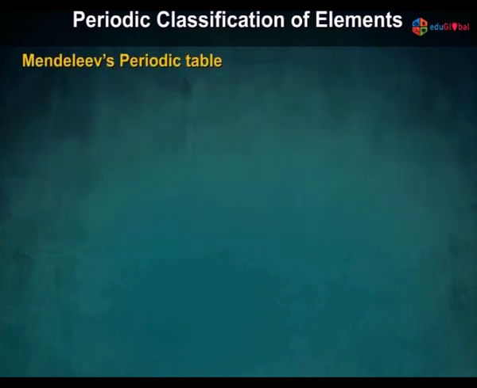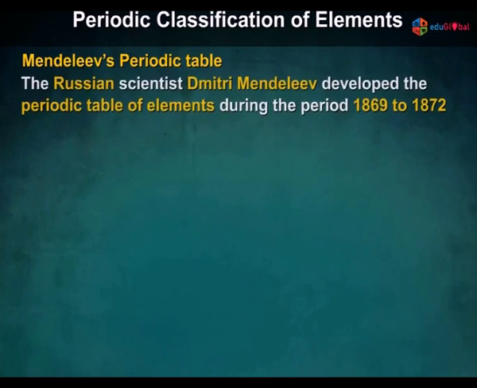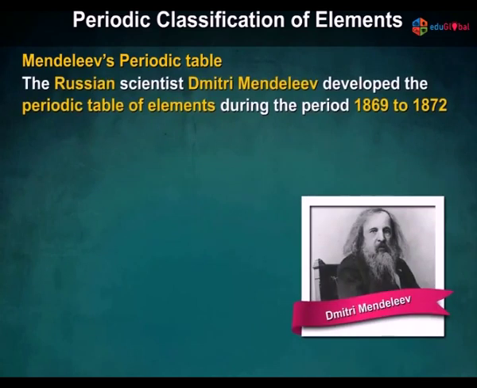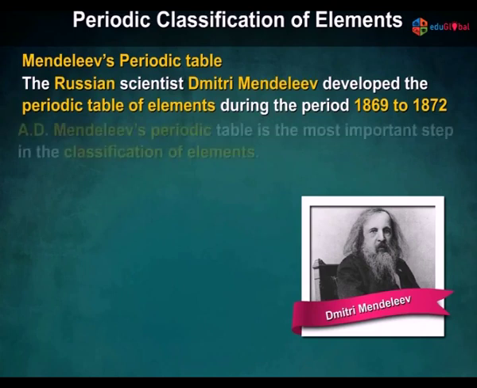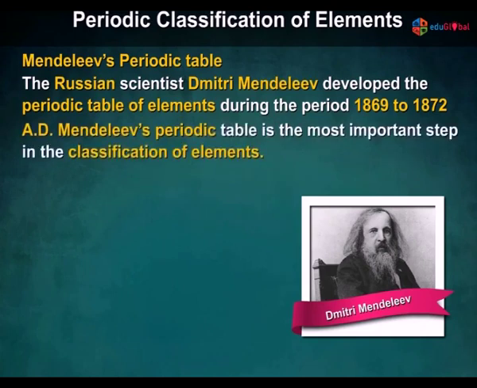Mendeleev's periodic table. The Russian scientist Dmitry Mendeleev developed the periodic table of elements during the period of 1869 to 1872 AD. Mendeleev's periodic table is the most important step in the classification of elements.